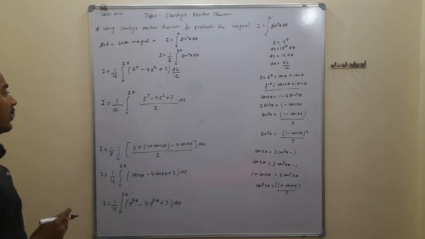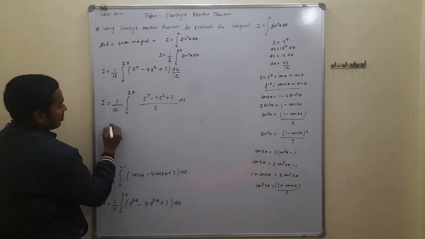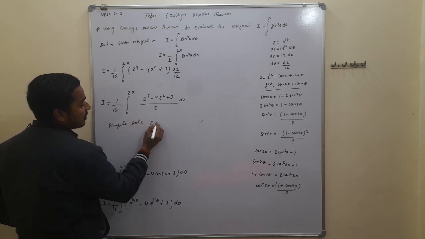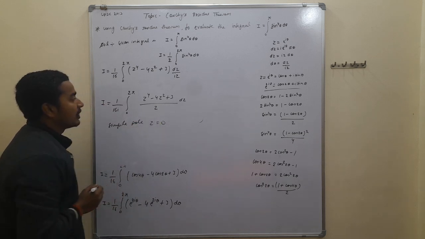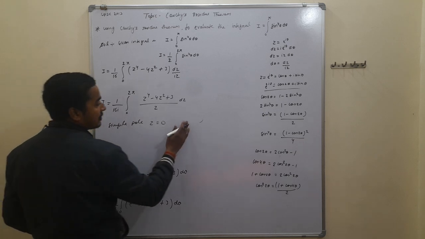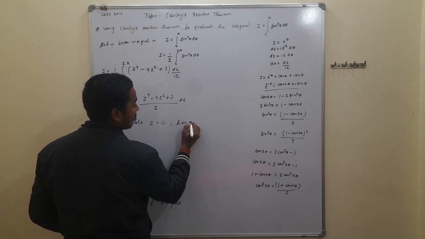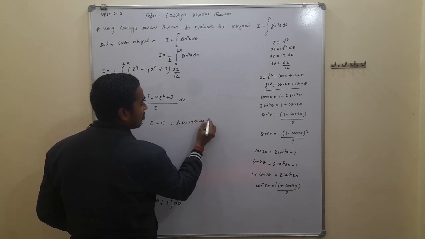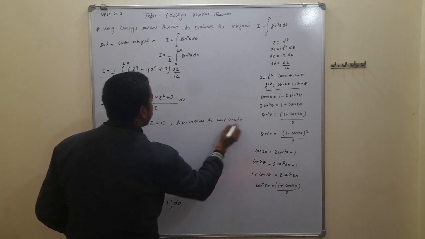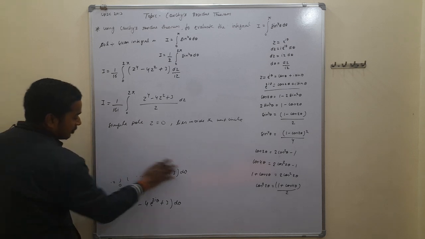Here the simple pole is z is equal to 0, taking the denominator equal to 0, and z is equal to 0 lies inside the given unit circle.